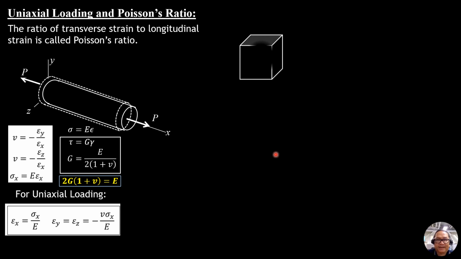Then if we have an element here which is subjected to the following normal stresses, sigma x for uniaxial loading, and for biaxial loading we have also sigma y. Both are tensile stresses.